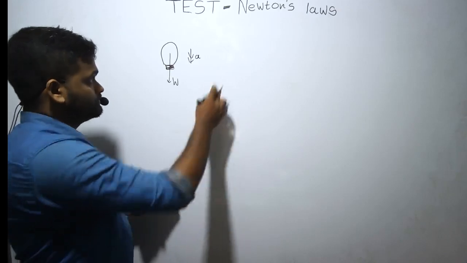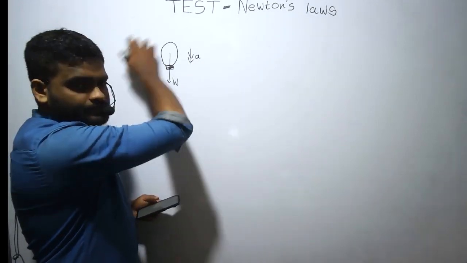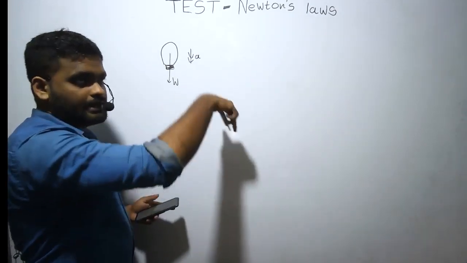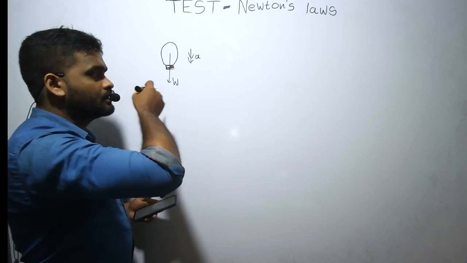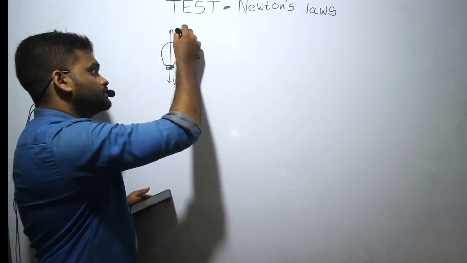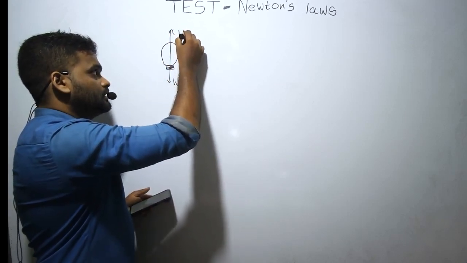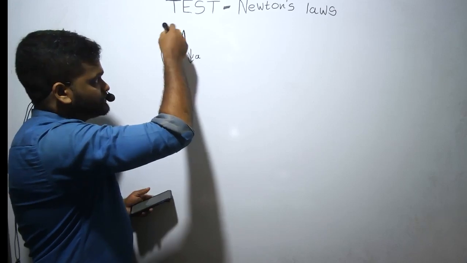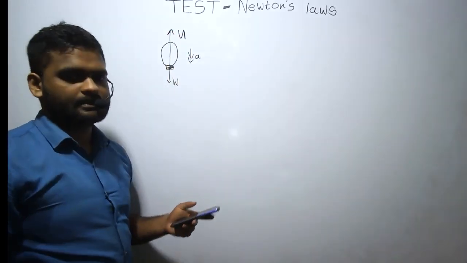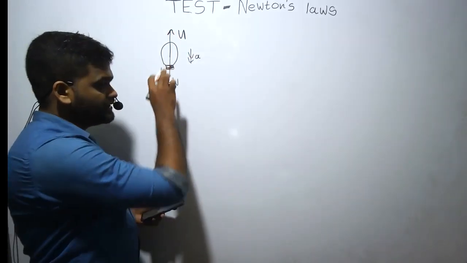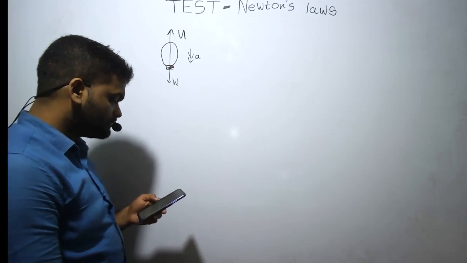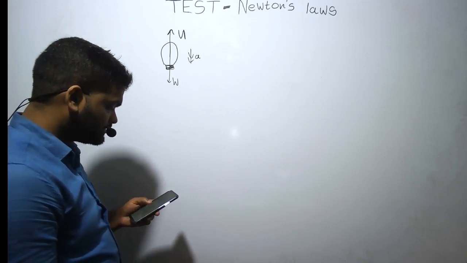Here also, the air is a fluid, so whenever there's a fluid, there's always upthrust U. If there's no air, you can neglect the upthrust, but in this case they mention the upthrust. So be careful of the upthrust.